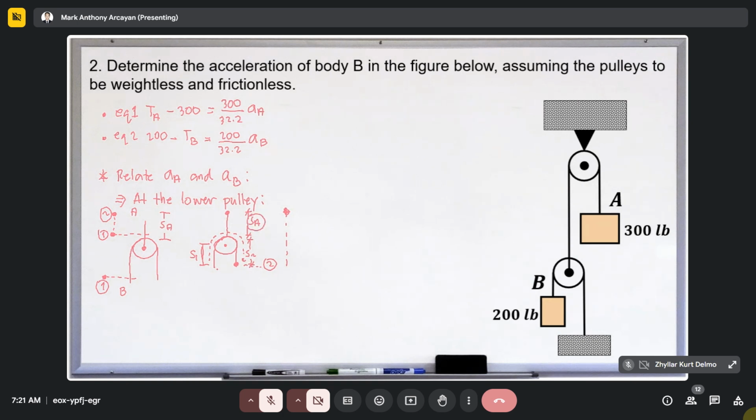But sa block B, since we have a rope here and following that they have equal displacement, no, kaning duha ka ropes, then mo displace siya sa left side og S1, and at the same time mo displace pagid siya sa right side og S2. And S1 is equal to S2, which is equal to SA.